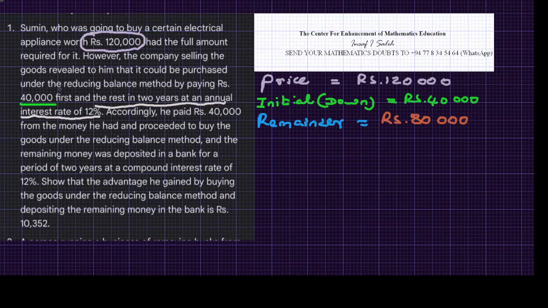Right. So here it hasn't been told he is making a monthly installment, but normally when it comes to reducing balance, it implies that Sumin is going to pay monthly. He is going to cover this 80,000 of loan by making monthly payments.